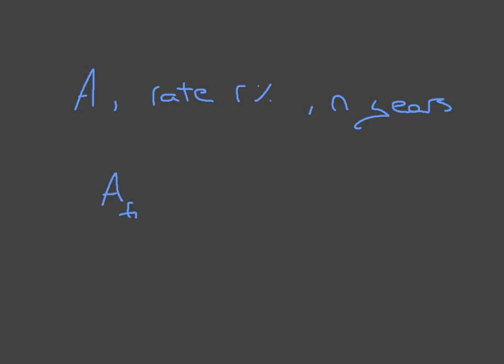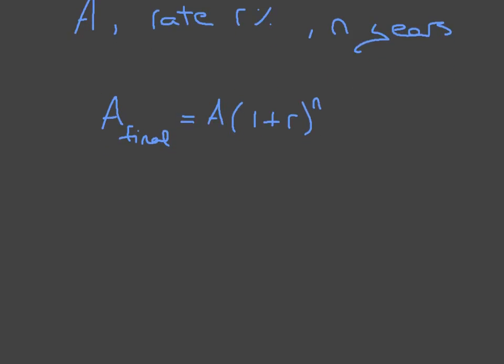A final is equal to A, which is the initial amount we invested, times 1 plus R to the power of n. I'll just box that. Let's see how this formula works with the example we just saw.